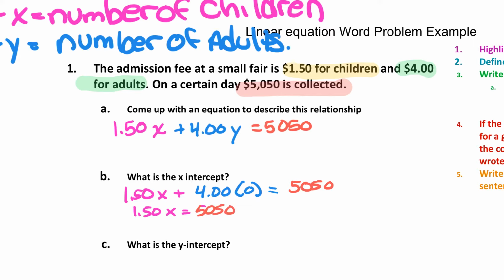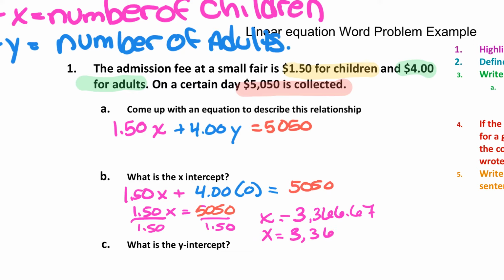I'm going to divide both sides by 1.50, and I get x is equal to 3,336.67. But what does x represent? It's number of children. Can you have 0.67 of a child? No. So we're going to round up and we get 3,337 kids.